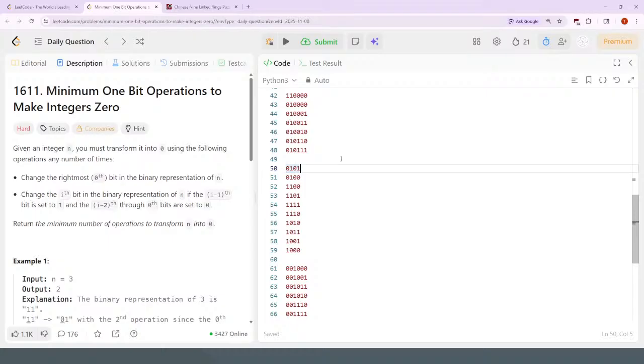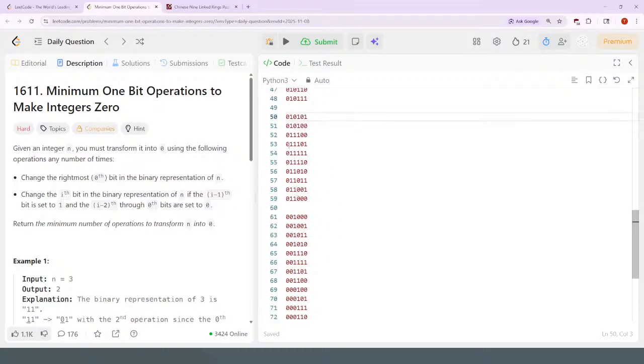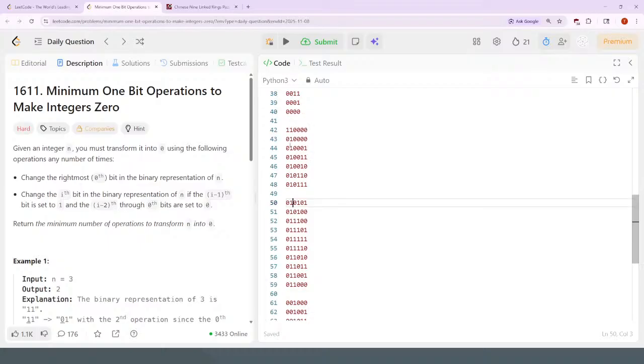0, 1, 0, 1. 0, 1, 0, 0. 1, 1, 0, 0. I mean, yeah, the first two digits were always going to be the same.